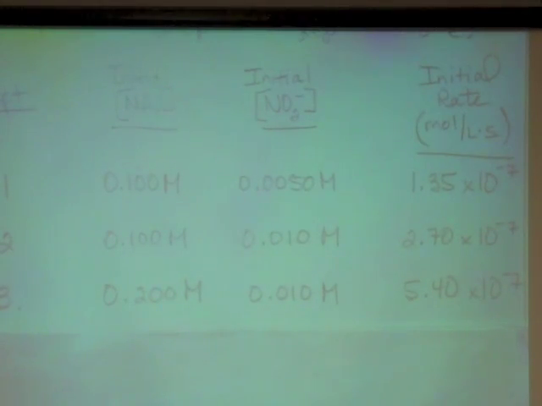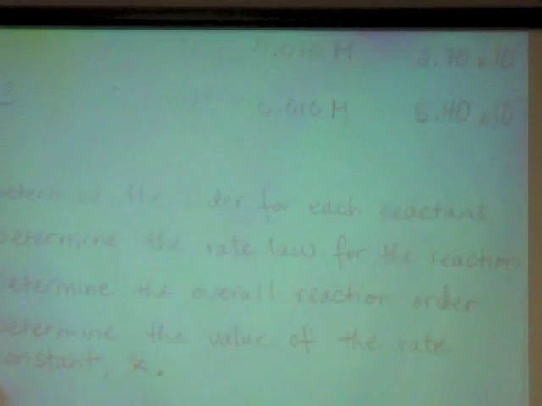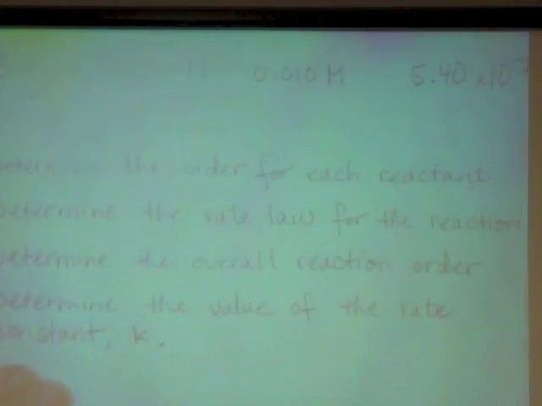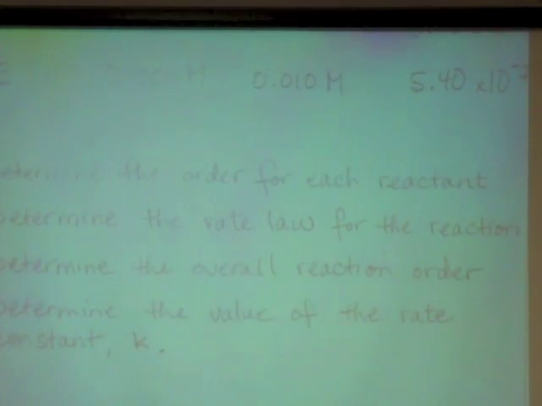What you're going to do with this data is determine the order for each reactant, determine the rate law for the reaction, determine the overall reaction order, and determine the value of the rate constant K. Pause, copy, because I'm going back up.